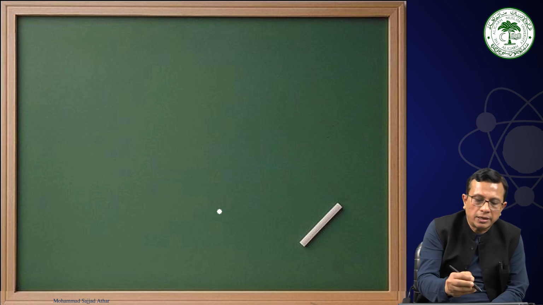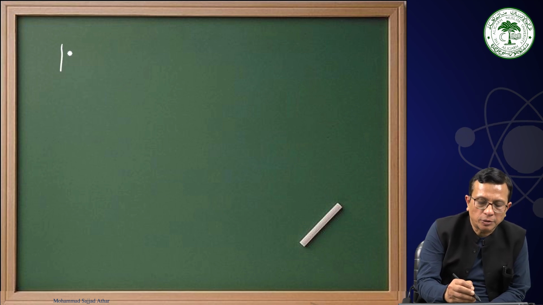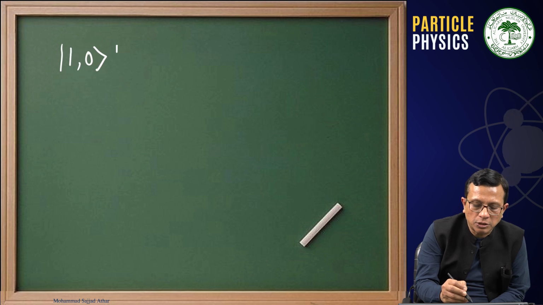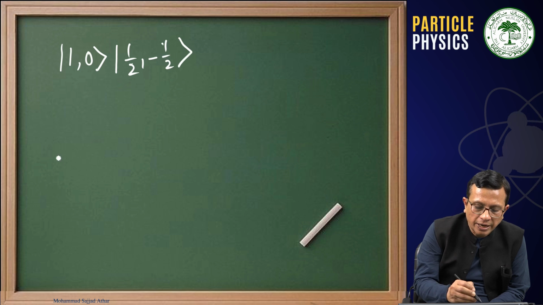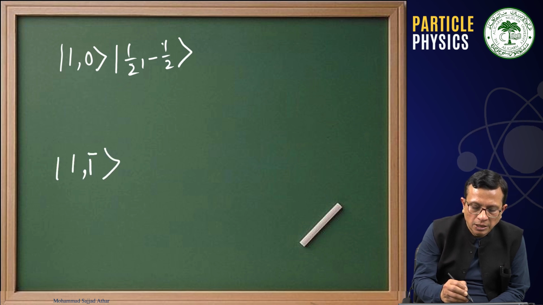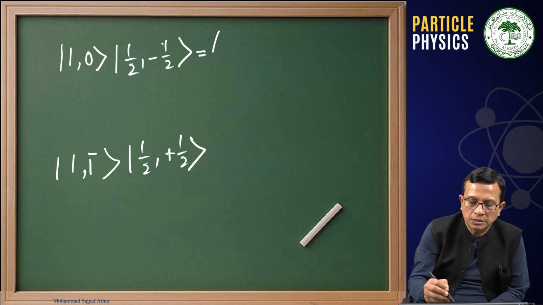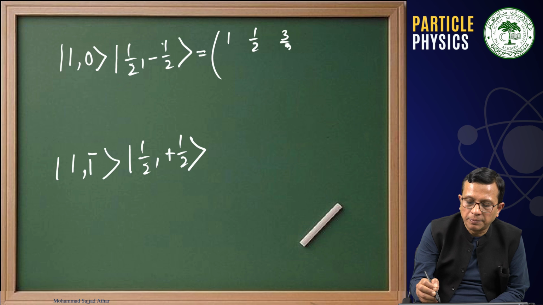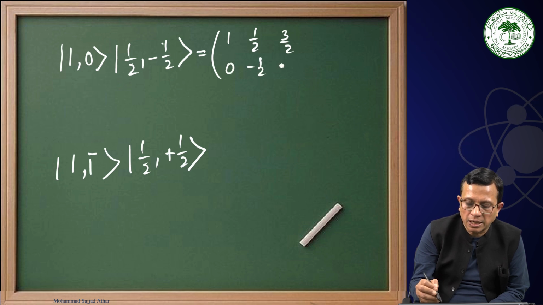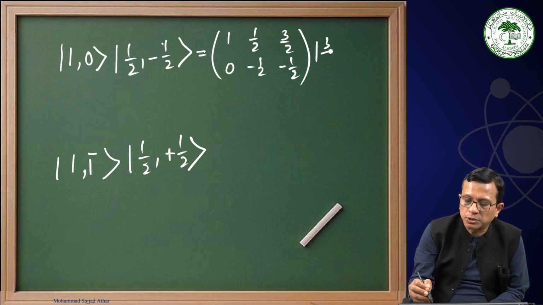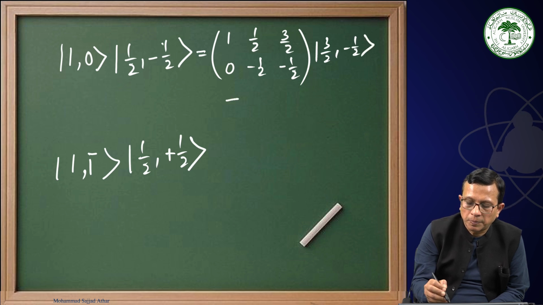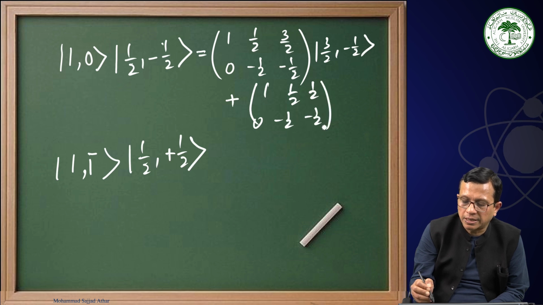Then we are left with the possibilities of what will happen when 1 0 combines with half minus half, and 1 minus 1 combines with half plus half. Then this will give us 1 half 3 by 2, 0 minus half, 3 by 2 minus half, plus 1 half, 0 minus half, half minus half.